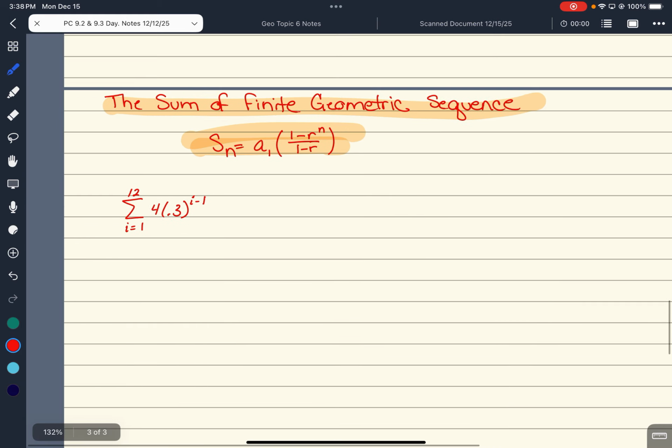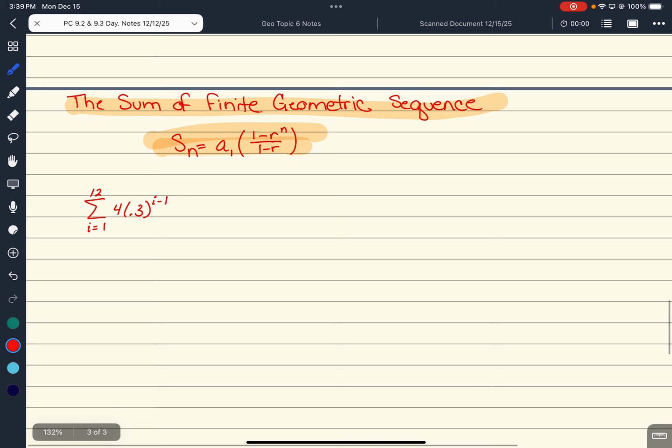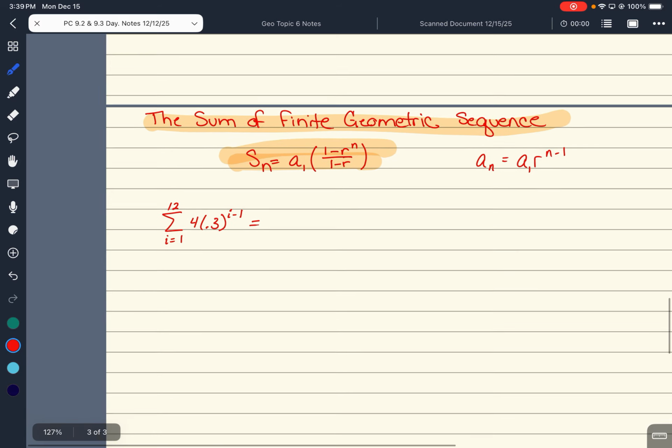Now remember from Friday, the geometric sequence was a sub n equals a sub 1 times r to the n minus 1. So our formula says S sub n. From 1 to 12 is how many? 12. That one's an easy one.